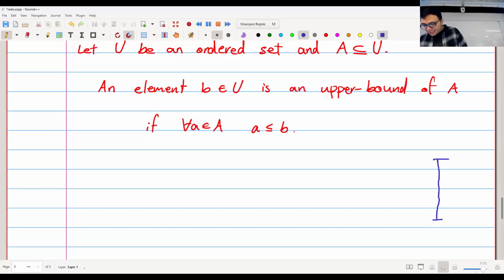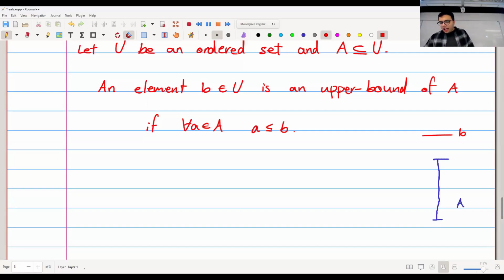So let's say this is my set A somehow. And let's say the higher I go, the bigger the numbers get. And let's say I have a number that is bigger than everything in A. This is B. This is an upper bound of it. But now, not every upper bound is really interesting, right? I would like to have the smallest possible upper bound.